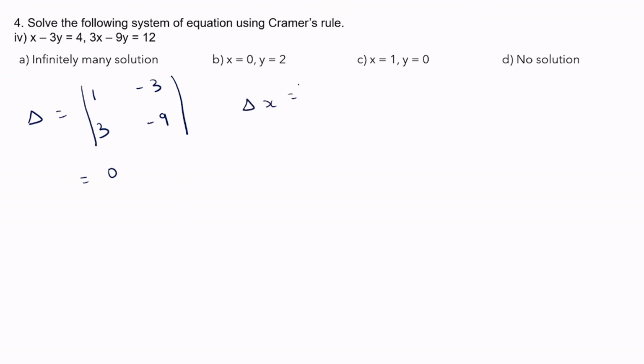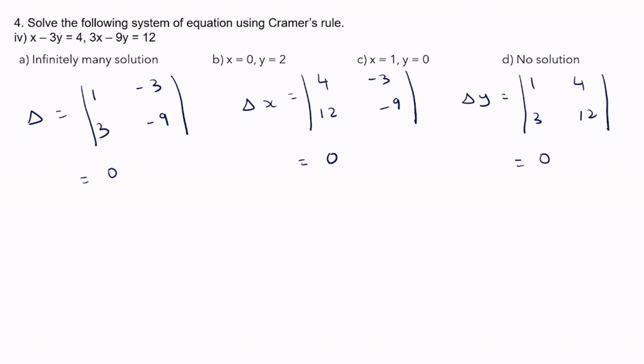Then delta x, we have to write the constant terms in place of the coefficient of x. So it is 4, 12, minus 3, minus 9. Now this is minus 36 plus 36. So 0. Then delta y is 1, 3, 4, 12. Now this is again 12 minus 12, which is 0.